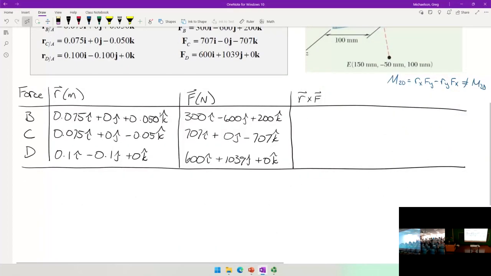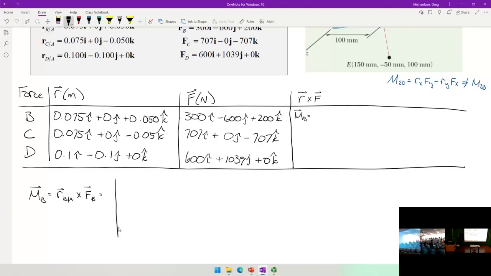So for each one of these rows, for example, if I want MB, it actually is going to be a vector this time. And so if I want to compute that vector, I'm going to have to take that crossed with that.